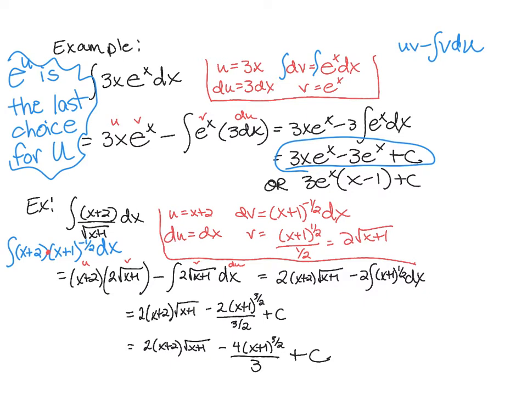And in this case, you always want, I'll say it again, you always want u to be the part that is going to get simple when you take its derivative. When I take the derivative of blob to the fractional exponent, positive or negative, it's never going to get simple.